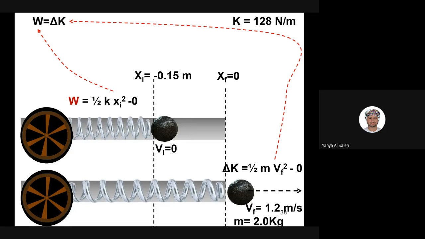Work equals delta K. My work done is going to be half k x_i squared, so half k, and my x is 0.15 squared. My kinetic energy is half m v_f squared. That means I can rearrange these two equations to get k.